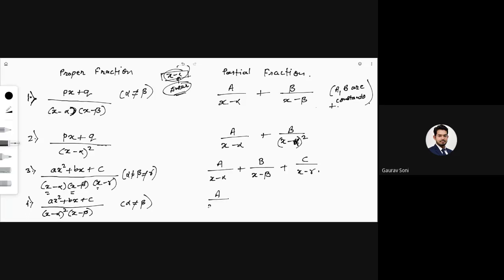So a upon x minus alpha plus b upon x minus alpha square, as we have done in the second case, where x minus alpha square was there. And if you see the next term, x minus beta, it is single. So c upon x minus beta. Okay.